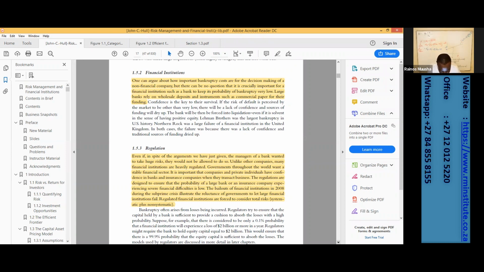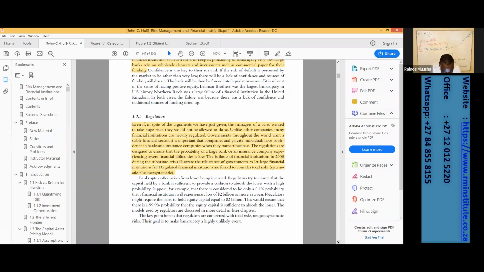Then in section 1.5.3, we also look at issues of regulation, where they say that even if, in spite of the arguments that we have just given, the managers of a bank wanted to take huge risks, they would not be allowed to do so. Unlike other companies, many financial institutions are heavily regulated. Governments throughout the world want a stable financial sector.